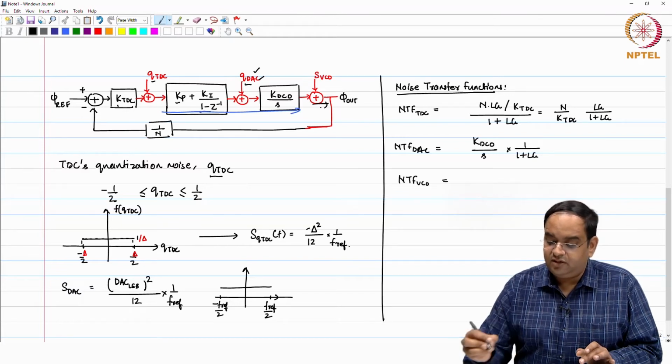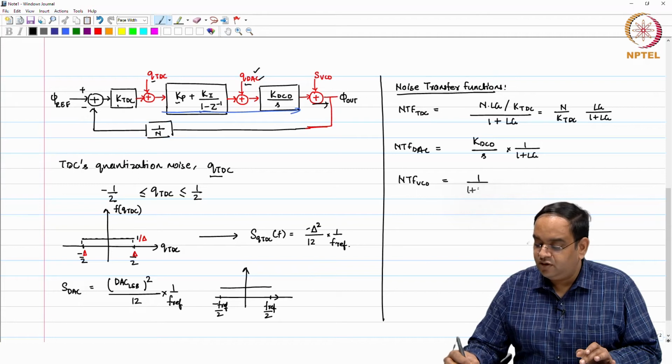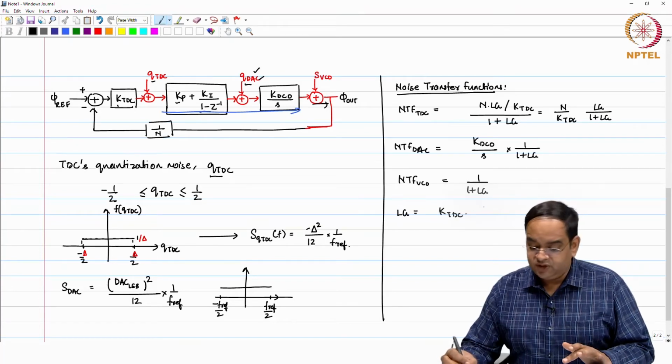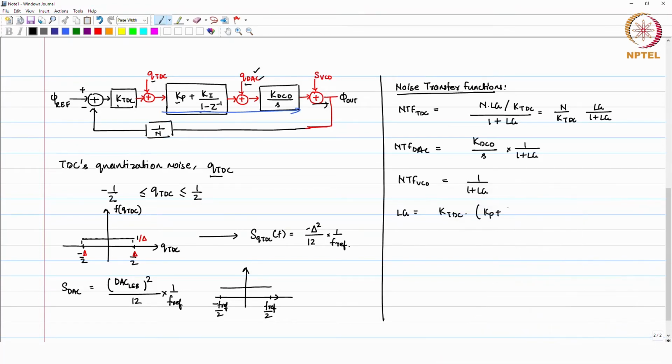This is going to be forward path gain 1 by 1 plus loop gain, and here the loop gain of this PLL is KTDC times Kp plus Ki by 1 minus Z inverse, times KDCO over Sn. This we have approximated earlier as KTDC into Kp plus Ki FREF by S, times KDCO by Sn.